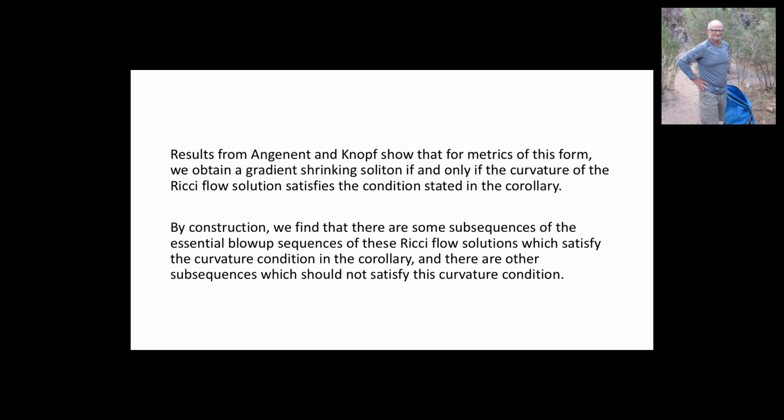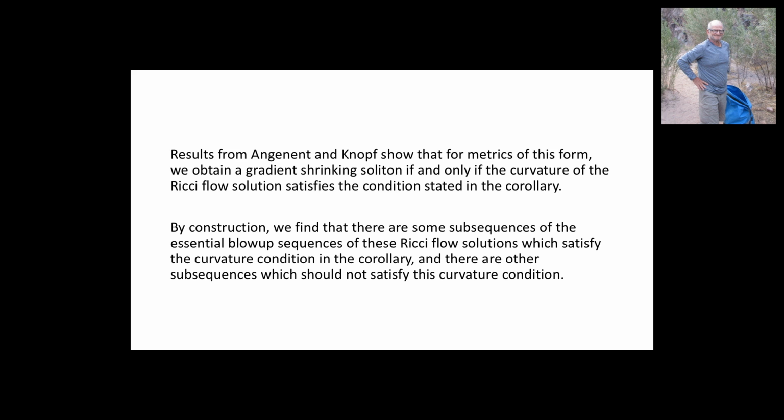To finish showing what's going on here, there are some results from Sigurd Angenent and Knopf which show that for metrics of the particular form I just showed you, they are gradient shrinking Ricci solitons if and only if the curvature of the Ricci flow solution satisfies the condition I just stated.